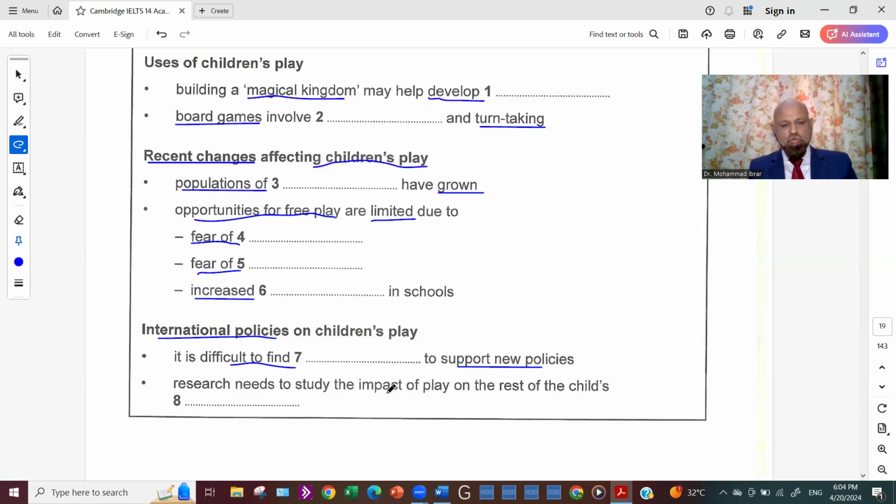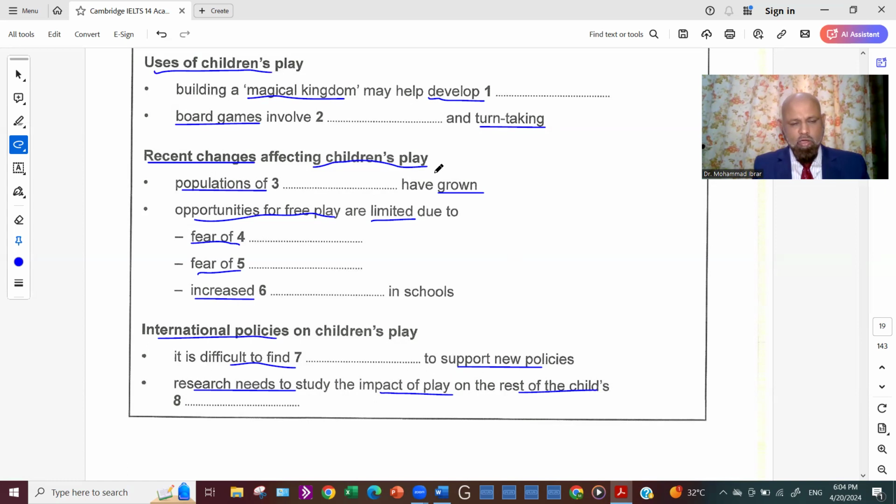Now, research needs to study the impact of play on the rest of the child. So, not enough research. It needs to be done. Why? To find out the impact of play on the rest of the child's behavior, child's life, or child something else. Okay. So now we have highlighted keywords as well as the headings.